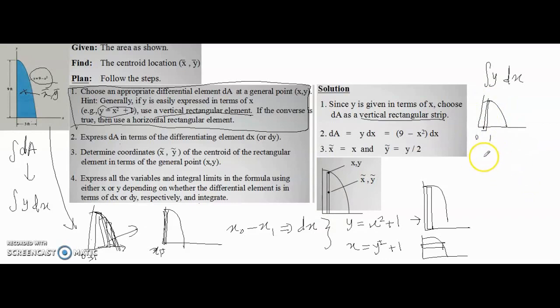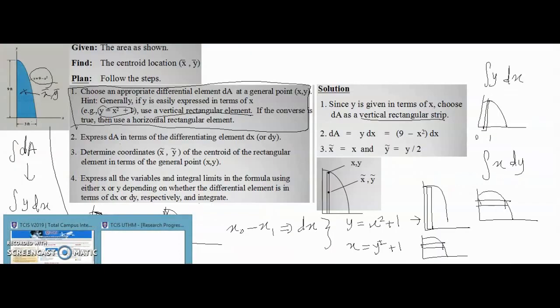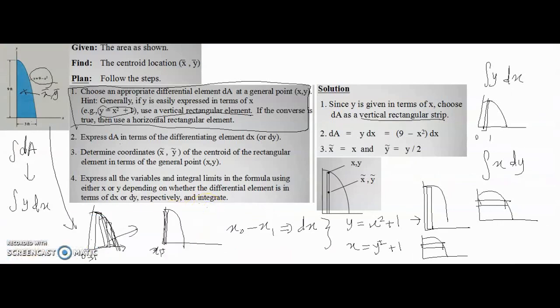If you are using integration of x, then the changing is along the y-axis. So when using this, you need to use the horizontal rectangle element, which means the changing is from y1 to the next y, yn.